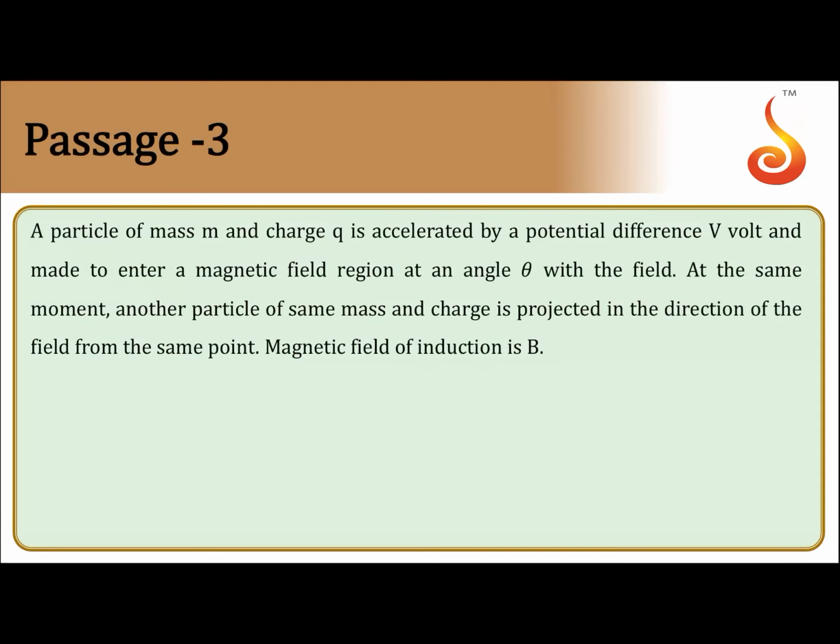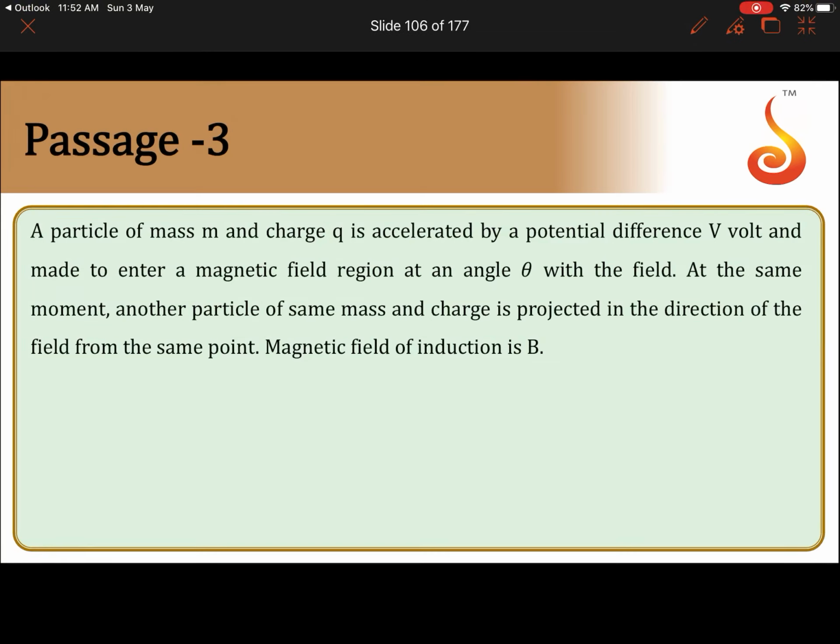Now come to the next passage. A particle of mass m and charge q is accelerated by a potential difference V volt and made to enter a magnetic field region at an angle theta with the field. At the same moment, another particle of the same mass and charge is projected in the direction of the field from the same point.